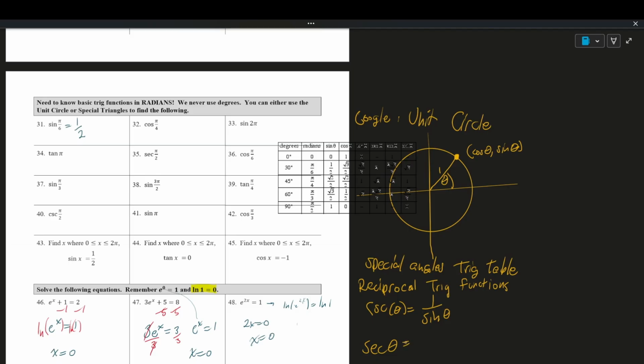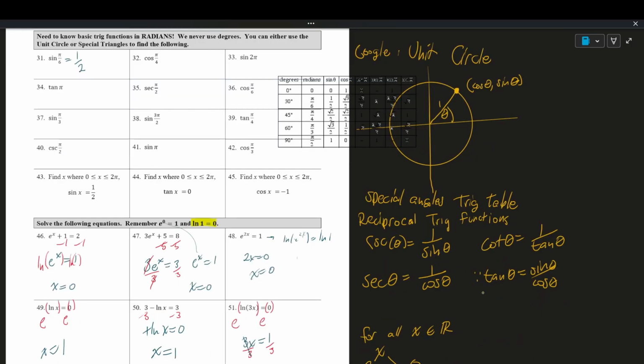Secant of theta is equal to 1 over the cosine of theta, and cotangent is equal to 1 over the tangent of theta. Because tangent of theta is sine over cosine, therefore cotangent of theta is cosine over sine.